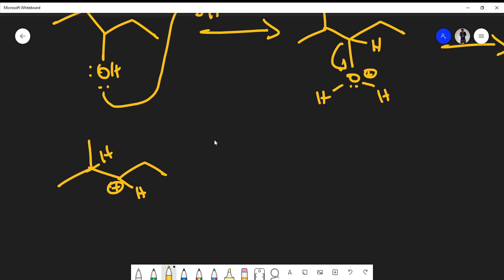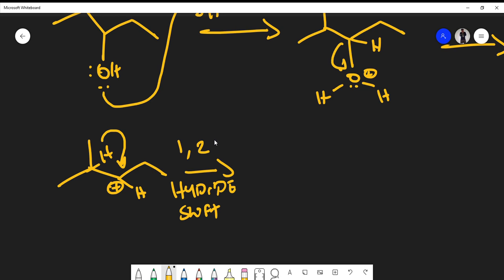So in this case, this hydrogen is going to come down and satisfy the positive charge. So this is a 1,2 hydride shift, and essentially, I'm going to get the positive charge now on a tertiary carbocation. So there's a tertiary carbocation, and now there are my two hydrogens which are now satisfied.